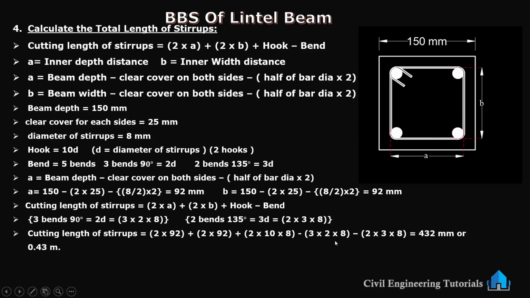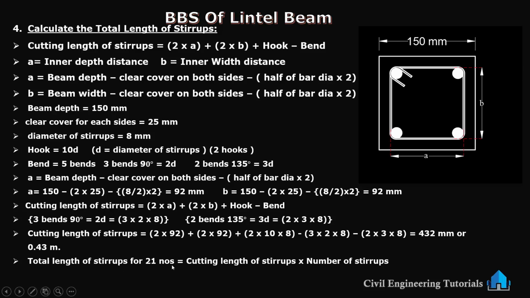So 3 numbers of bend into 2D, 2 into 8, 8 is dia, minus, for 135 degree we will take 3D, 2 numbers of bend, so 2 into 3D, 3 into dia 8. So we are getting 432 mm or 0.43 meter. I hope you understand. Cutting length of stirrups we have calculated 0.43 meter.